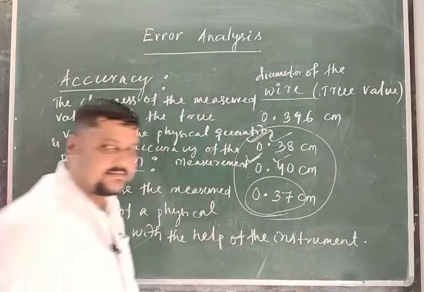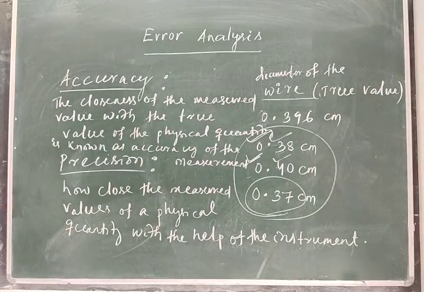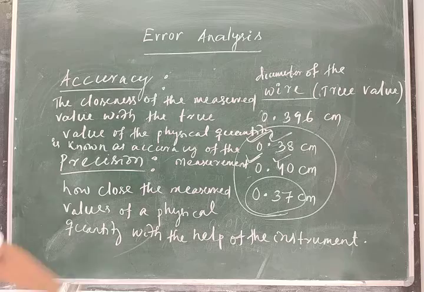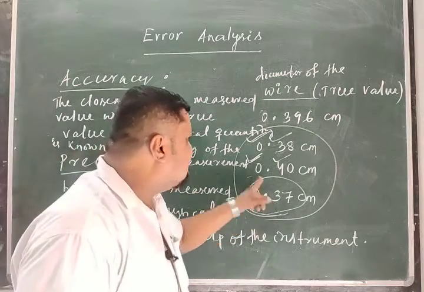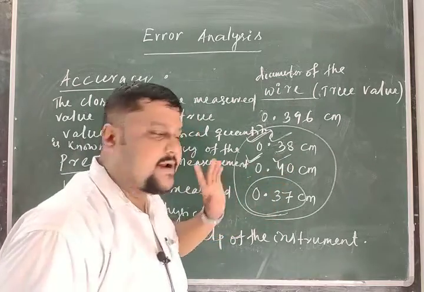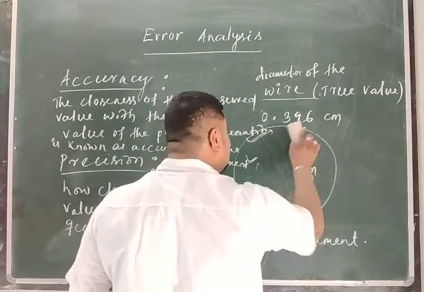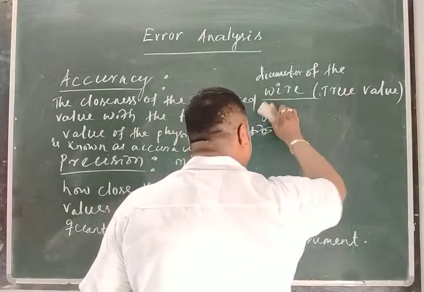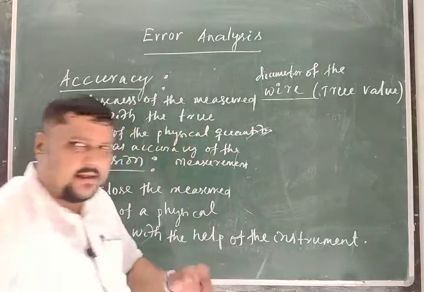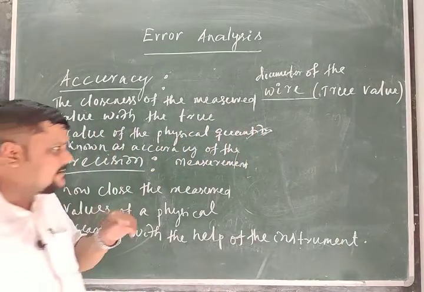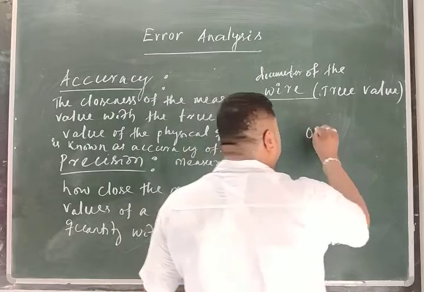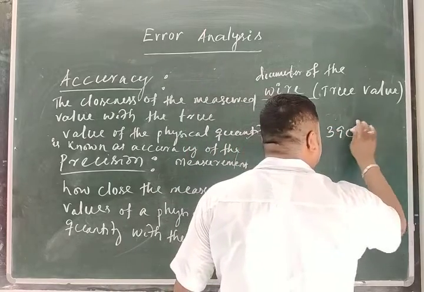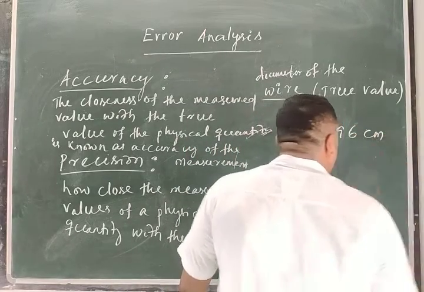Now that is the difference. Here these are more accurate compared to this one, but precision is not linked to the true value. Whatever the true value is, I will get a result like this when I measure 0.396 cm by a device.